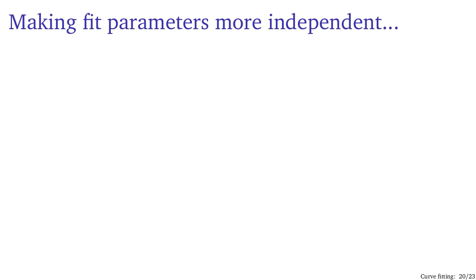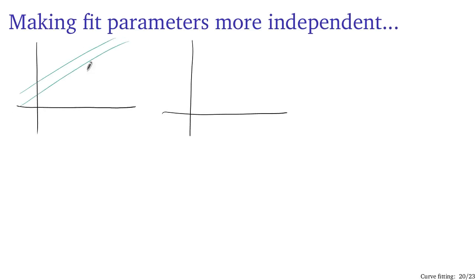Really what we want to do here is make our fit parameters more independent from one another. Like I was talking about earlier, if we have a linear fit, we have really two parameters here. We have a slope and we have an intercept. Shifting the intercept means moving everything up and down, and shifting the slope means changing the slope like that.